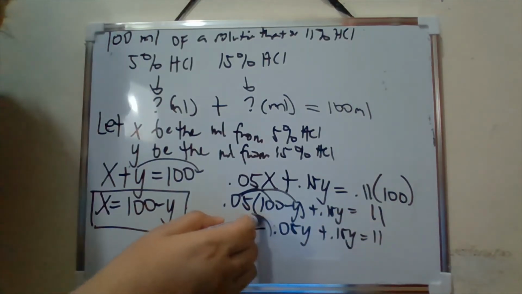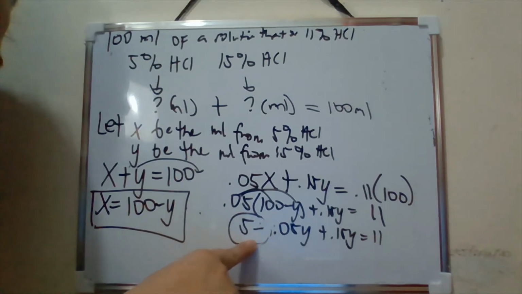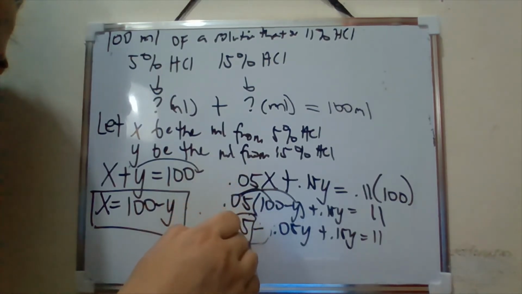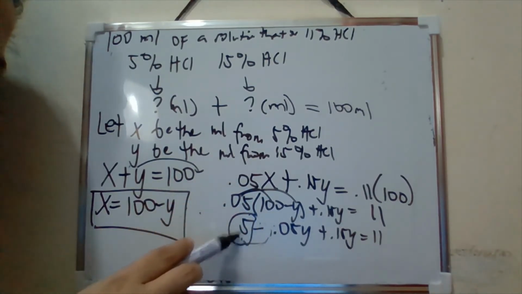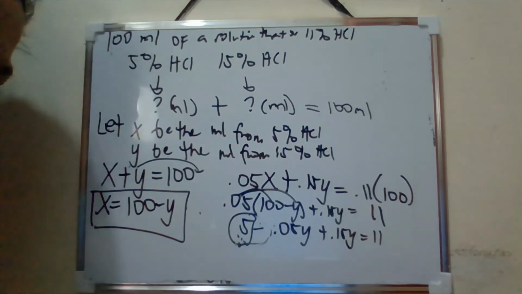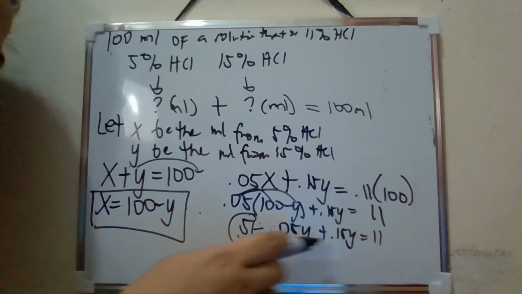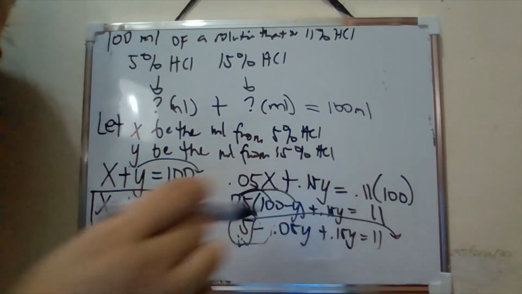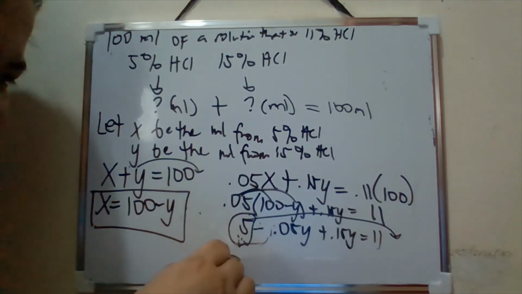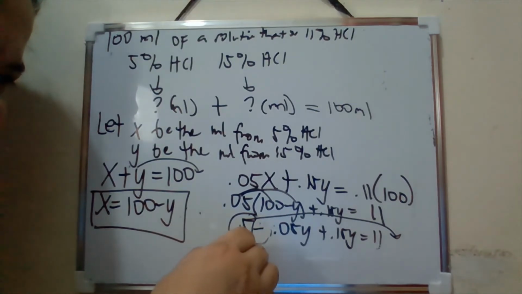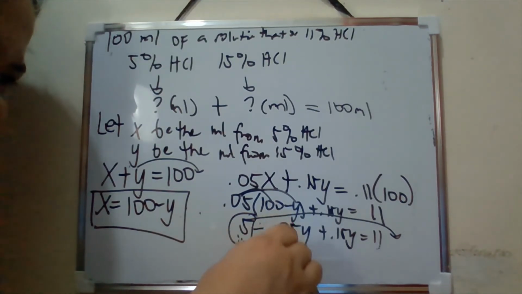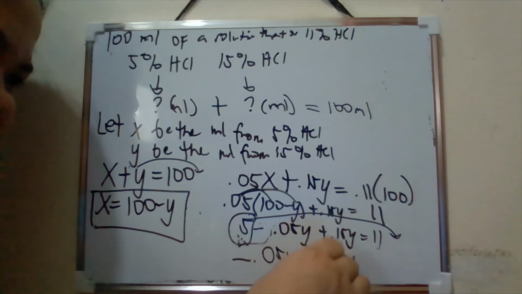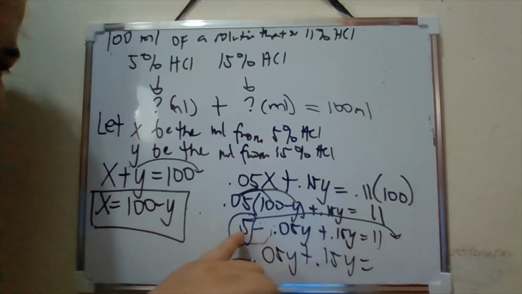This 5, not including the sign, should be transposed to the right side. So negative 0.05Y plus 0.15Y equals 11 becomes minus 5.